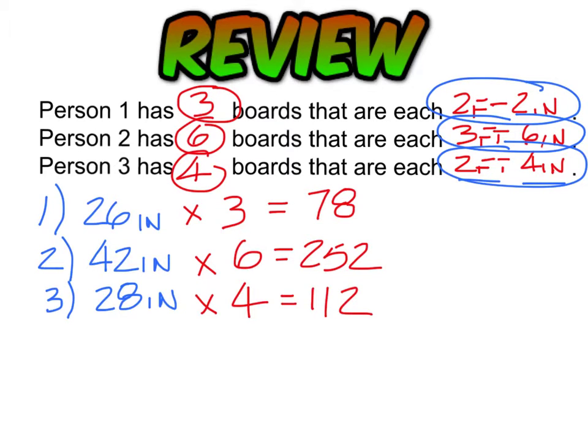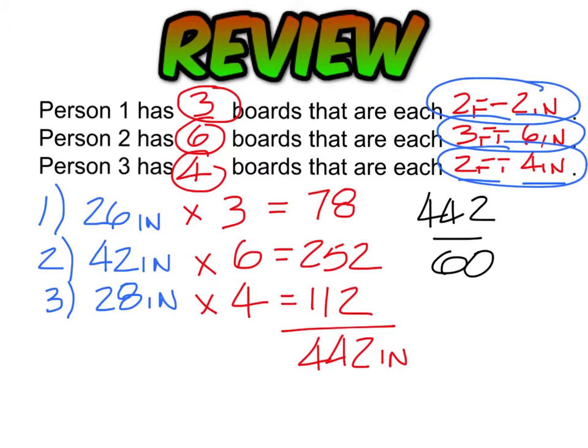Once you get the total length in inches of all of those boards of each person figured out, then you have to add them all together. 78 and 252 plus 112 would be 442. That's the total length in inches, and of course we have to change it to feet and inches next. So 442 divided by 60.